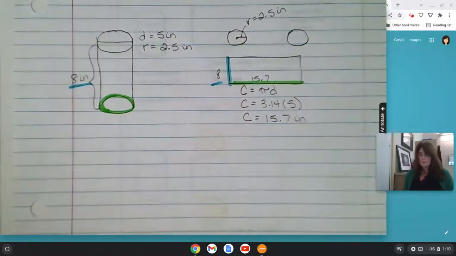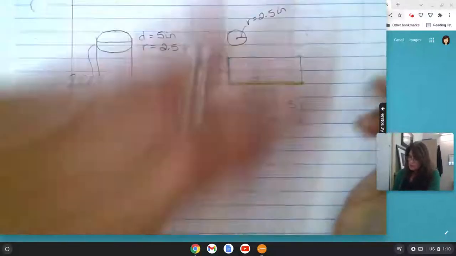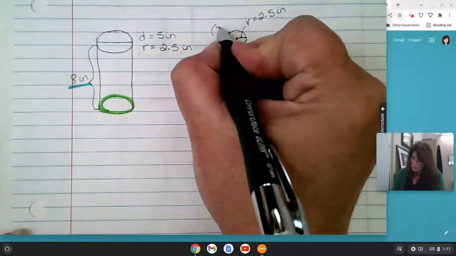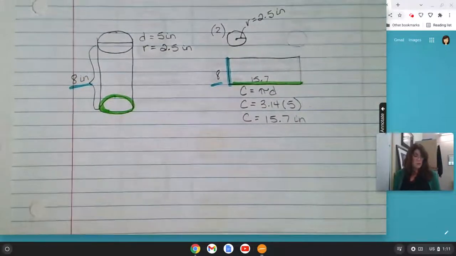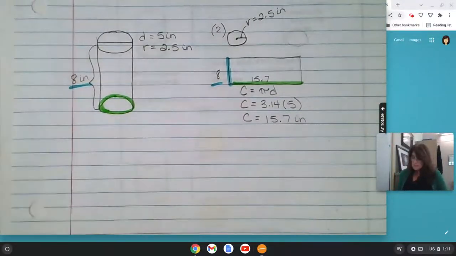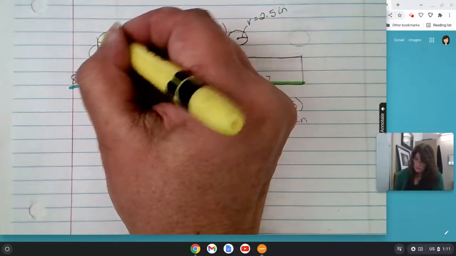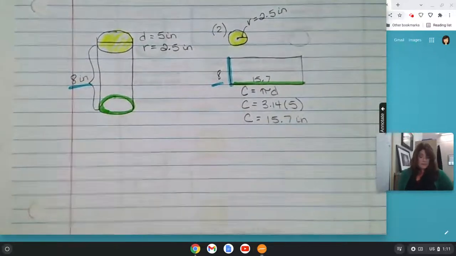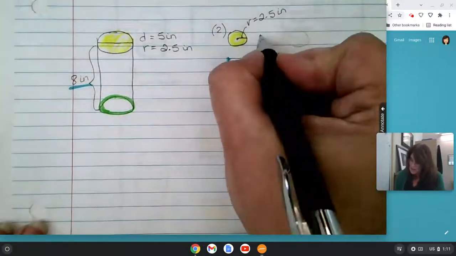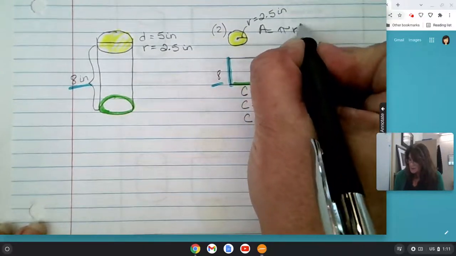For our purposes, I'm going to go ahead and erase this one circle. Just remember we have two of these. Put a 2 right there. So we have our bases. To find the area of the bases, area equals pi times radius squared.